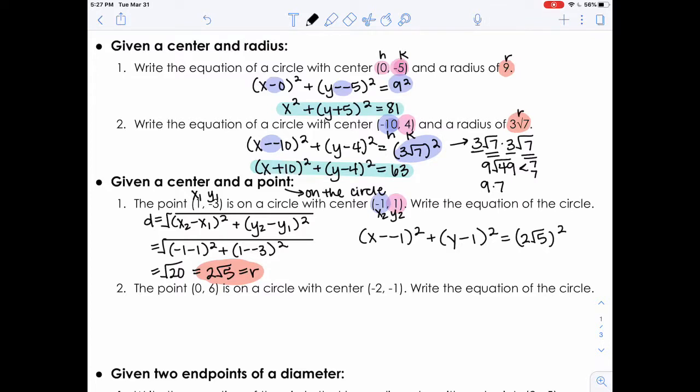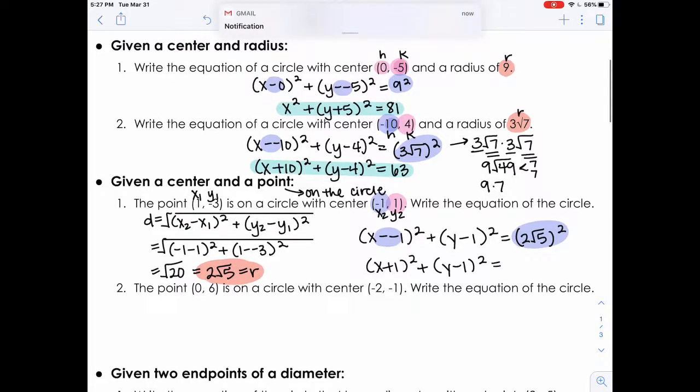All right. That is enough to satisfy Desmos, but we can simplify, of course. So here, if we do simplify, we get x plus 1 squared plus y minus 1 squared equal to, remember, multiplying a radical by itself gives us some radical cancellation.